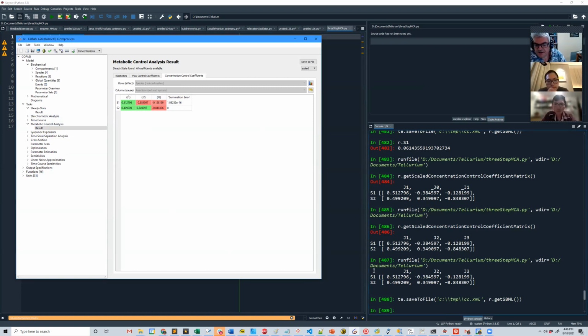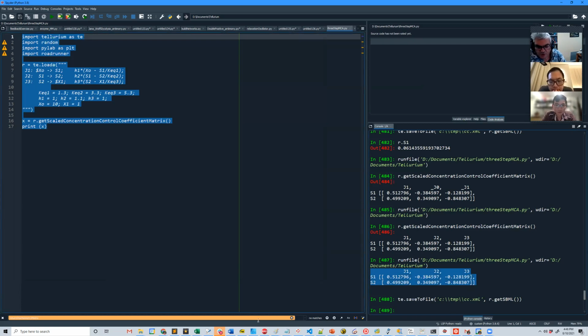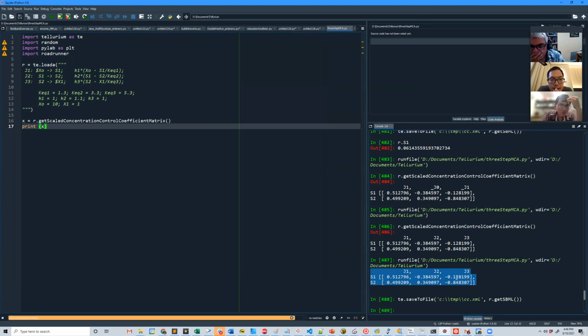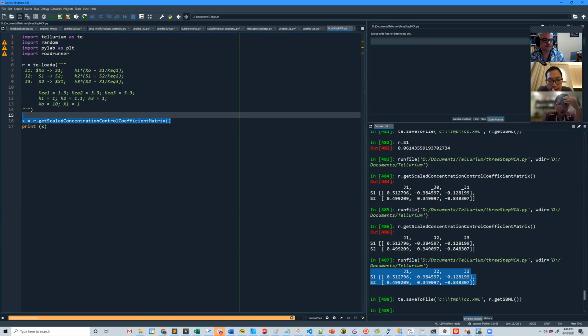So this is now a matrix of all the sensitivities. Okay, so it's very easy. It's just one command to get them all at once. These are the scaled. There's also unscaled as well. Just to show you what they look like.